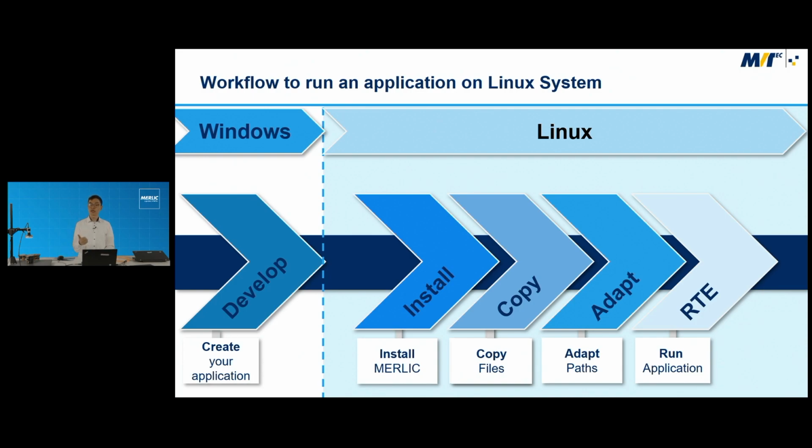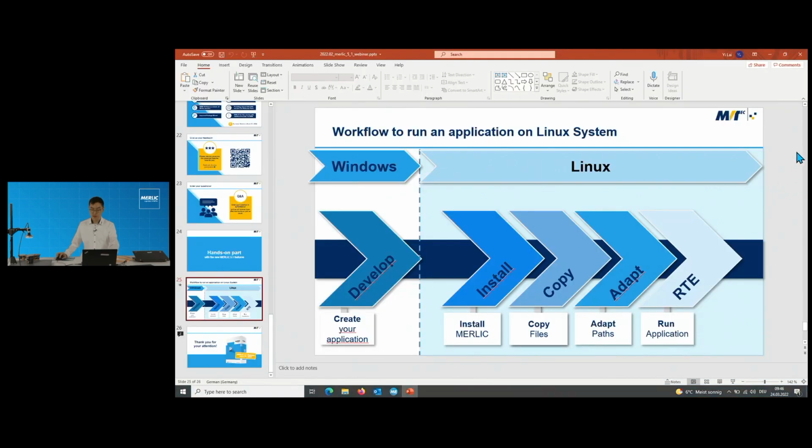We install MERLIC. This is easy. We copy the files of our application. This is easy. We adopt the patches. This is also easy. And then we are able to run the application. I will show you how easy that would be.